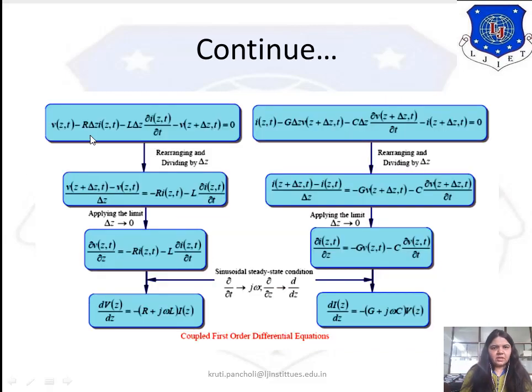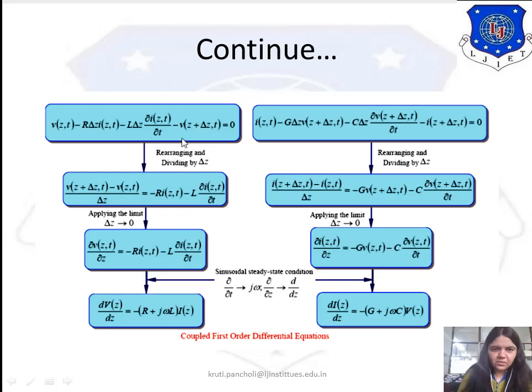Now rewriting this equation, V(z,t) minus R delta z i(z,t) minus L delta z delta i(z,t) by delta t minus V(z plus delta z, t) equal to 0.